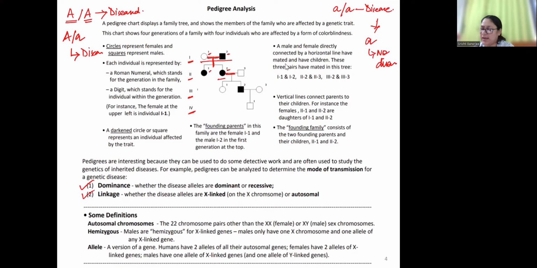Now, I'll be discussing very basic things once again. One is the autosomal chromosomes. We know we have 23 pairs of chromosomes. Out of that, 22 pairs are autosomal, and the remaining one is XX or XY. If it is XX, it's female, and if it's XY, it's male, and that is the sex chromosome.